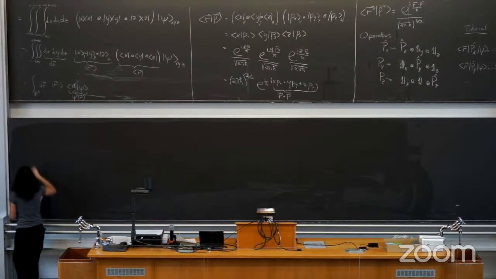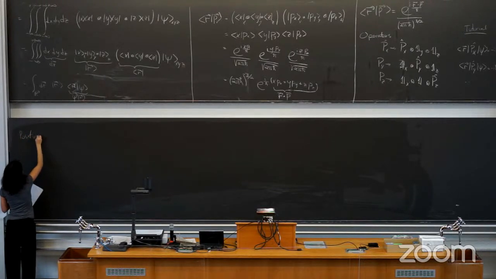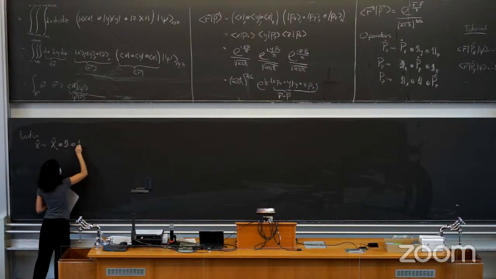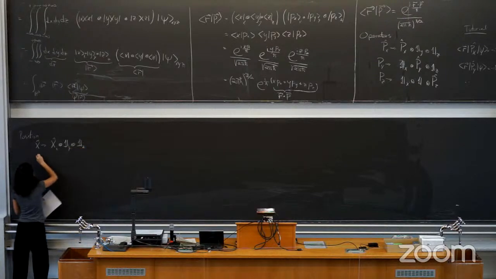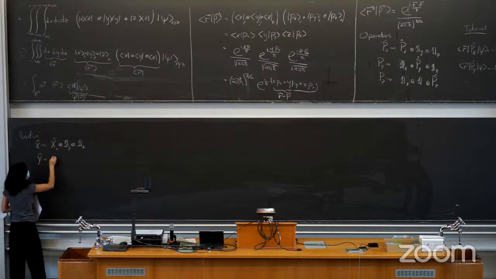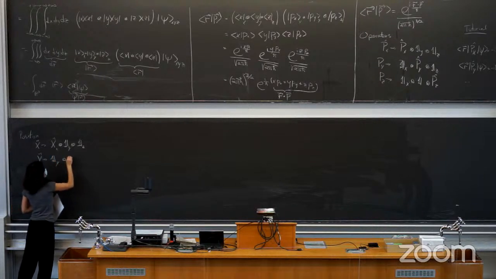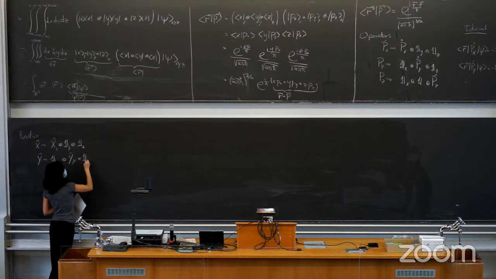So for position operators, it's the same thing. X, what we mean by X is always this. And Y and Z. Then we have something we call Y, which is, again, just the position operator, but just by a different name, acting on the second system.